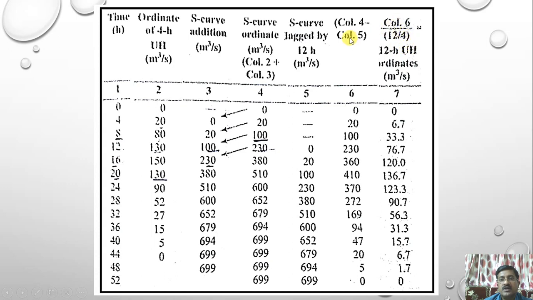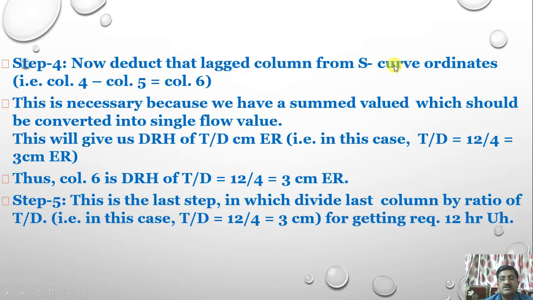So every time, to find the last column 7, the value of column 6 is divided by 12 divided by 4, because we are deriving it from 12 to 4, or 4 to 12 likewise. The DRH of T by D is 20 divided by 4, 3 centimeter.